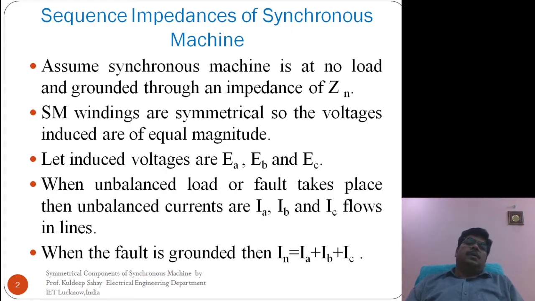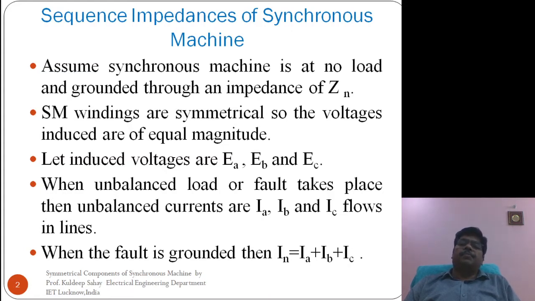Now, to draw the sequence impedance of a synchronous machine, it is assumed that the machine is at no load and its neutral is grounded through the impedance Zn, and let the induced voltages be EA, EB and EC.